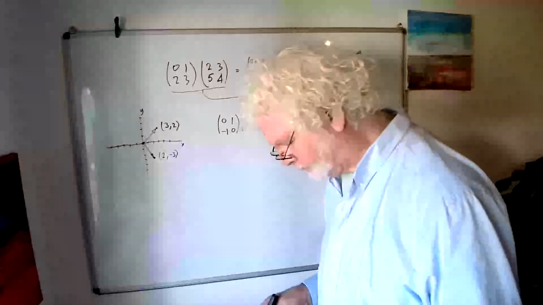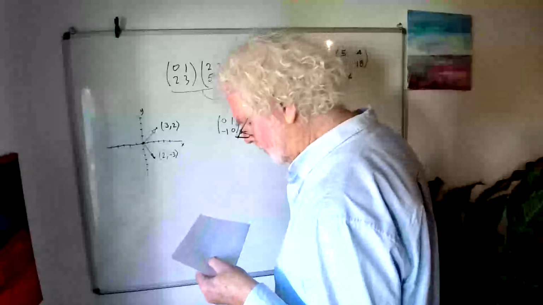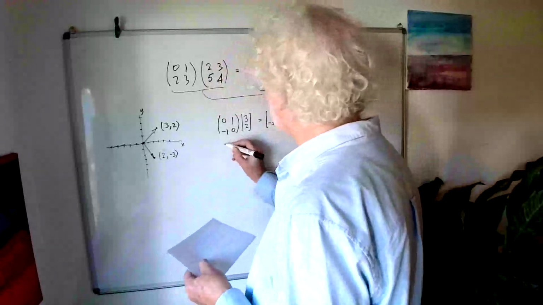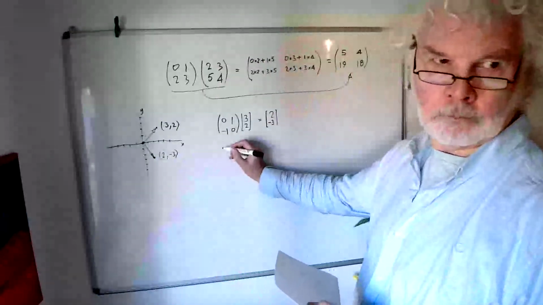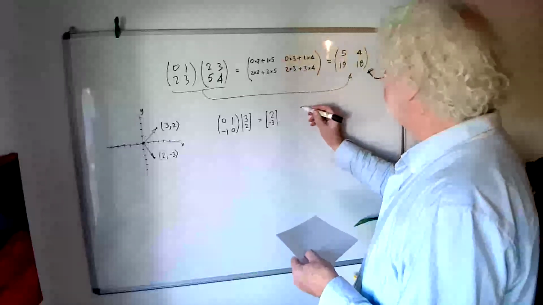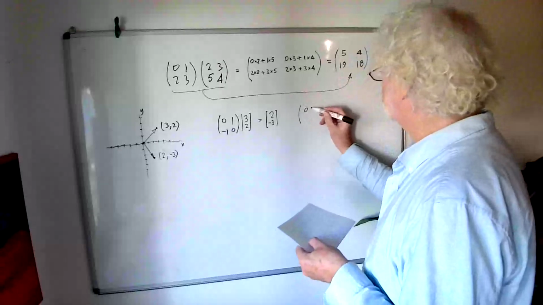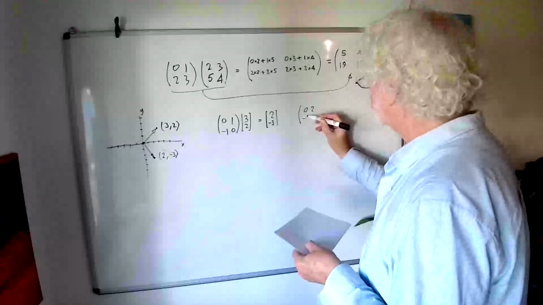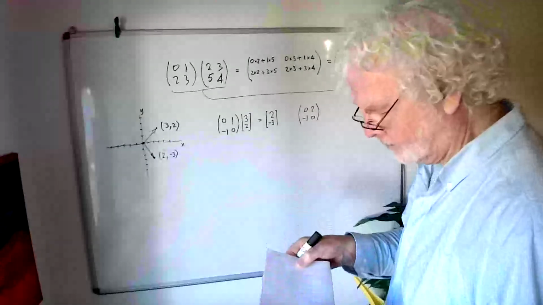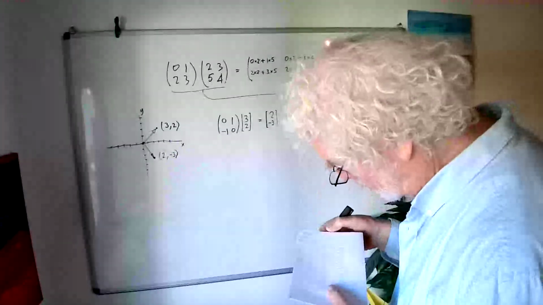But now I'm going to start with this one and use another matrix acting on this, and that new matrix is going to be 0, 2. I'm just choosing these as simple examples. There's nothing special about them. Wait, have I done the right thing?